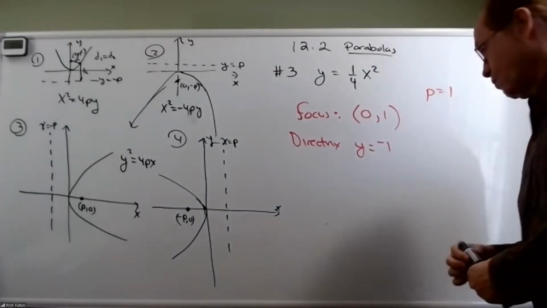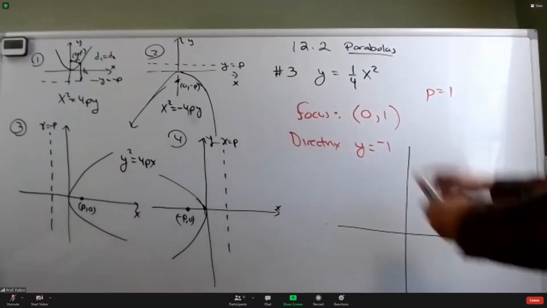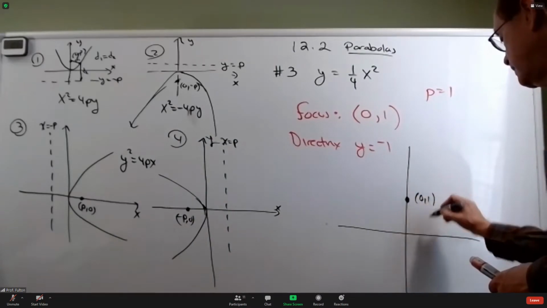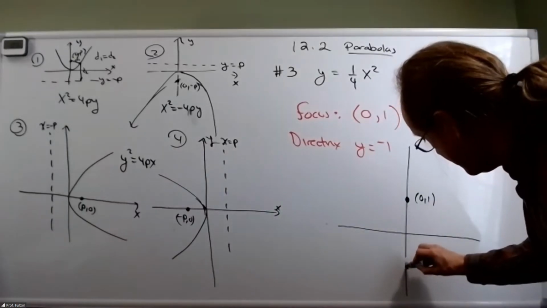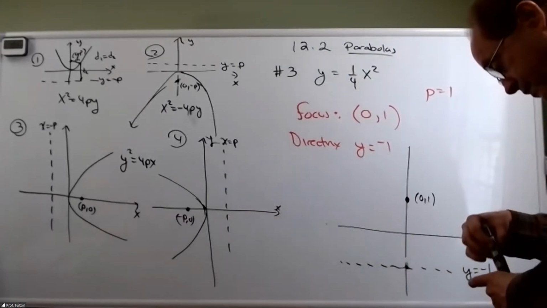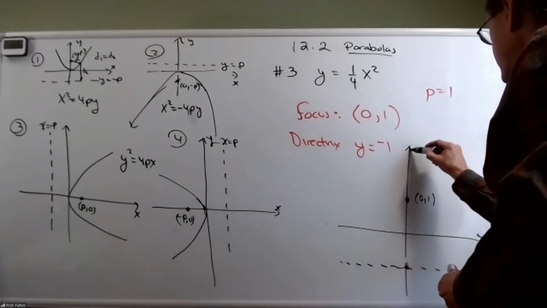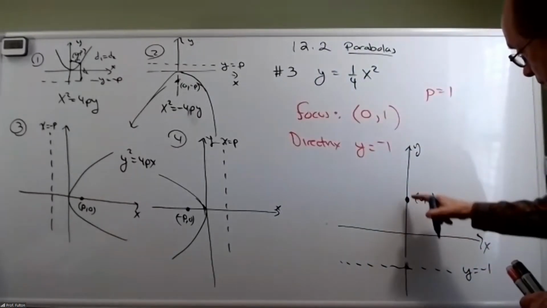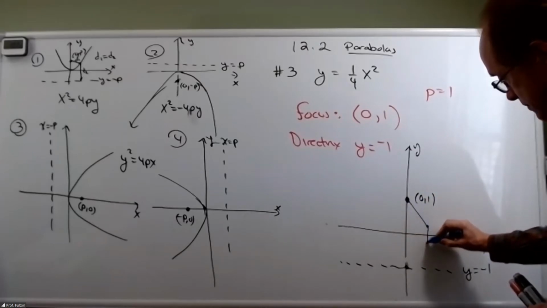If I was going to draw what this would look like, again, it's going to open upward. So I get this is 0 comma 1, and here's -1, about there. It's going to start at the origin right here. You want this distance from the point over here to the line over here to be equal to that distance.